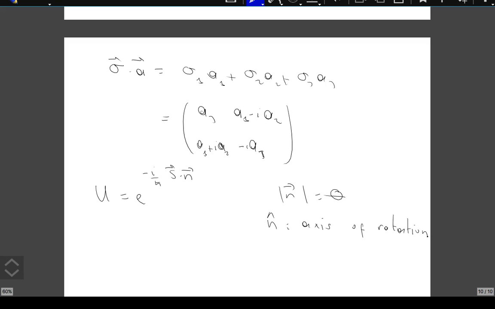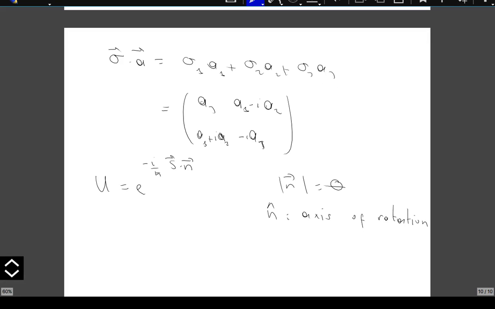So if you rotate around this axis by an angle theta, then this n vector points in this direction and has a magnitude theta. Now just for simplicity, let's look at the case where n is equal to theta z hat.